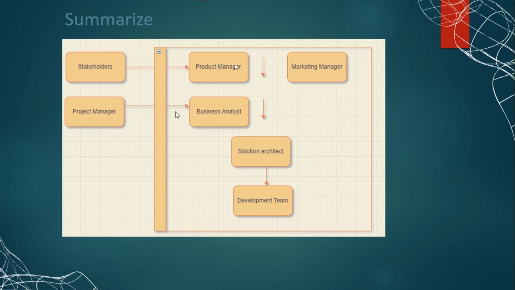The business analyst is a bridge. He understands what stakeholders want. He is responsible to answer to the project manager, the product manager, or the stakeholders, and he is responsible to answer to the solution architect. The solution architect is the person who can give you the technical solutioning if something is getting stuck within the development team.